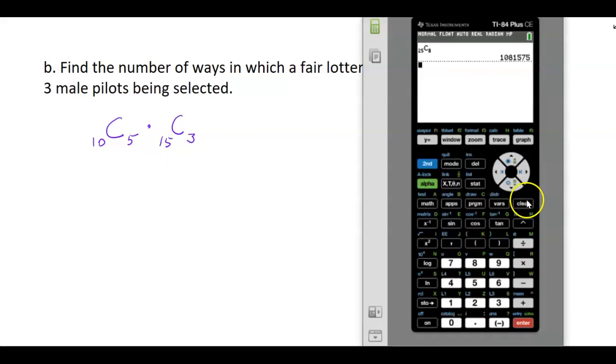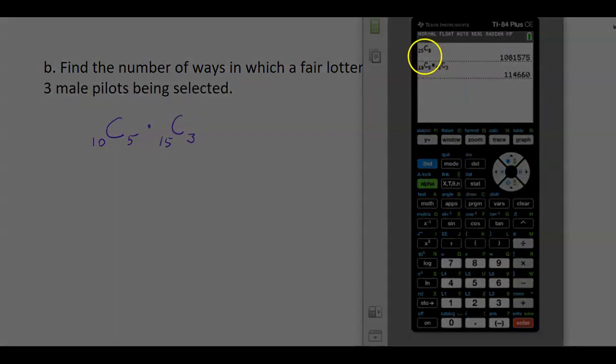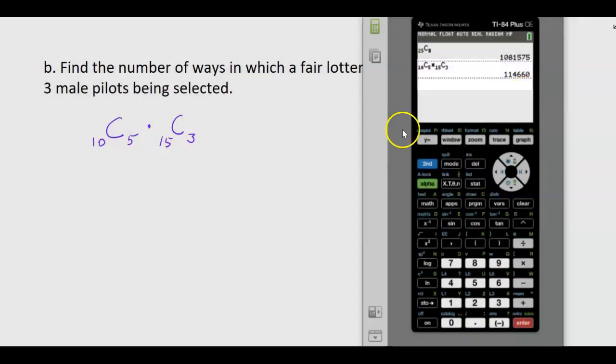So that is going to be math, probability, number 3, and that's 10 choose 5, arrow out of the subscript, times math, probability, number 3, and that's 15 choose 3. And that is 114,660. There. Having a hard time reading that without a comma.